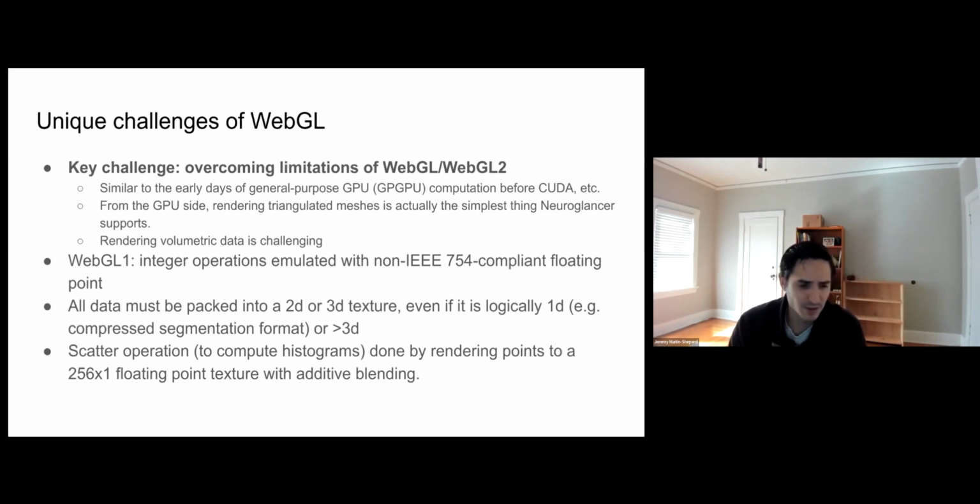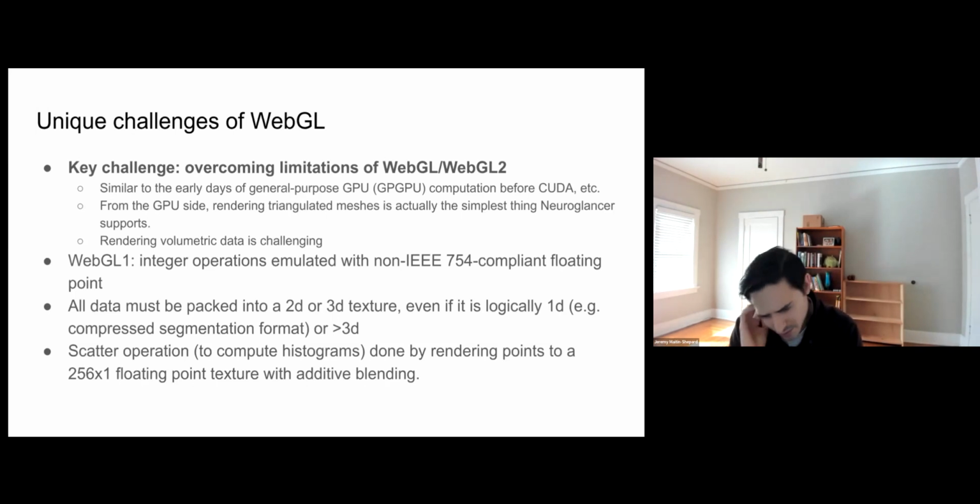But WebGL and even WebGL2 are based on this lowest common denominator of mobile GPUs from previous generations. And so it is much more limited in the APIs that it supports, particularly as far as compute APIs.